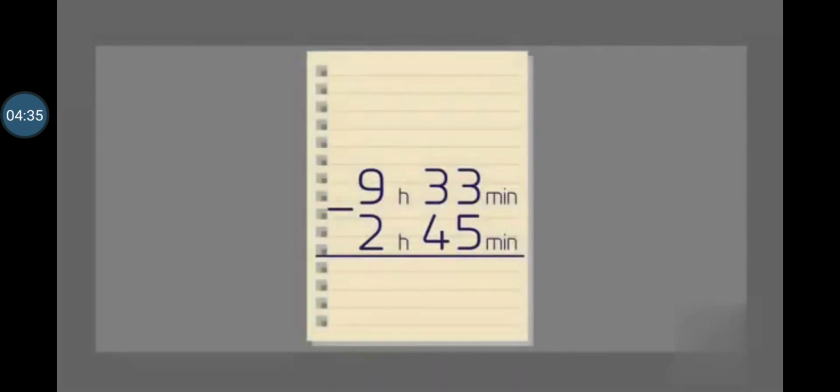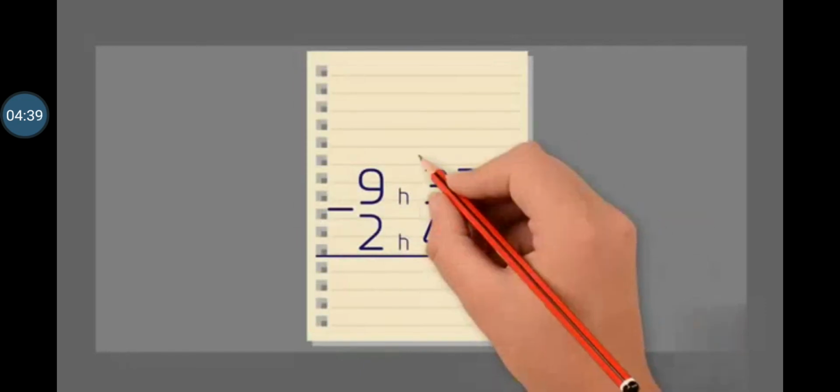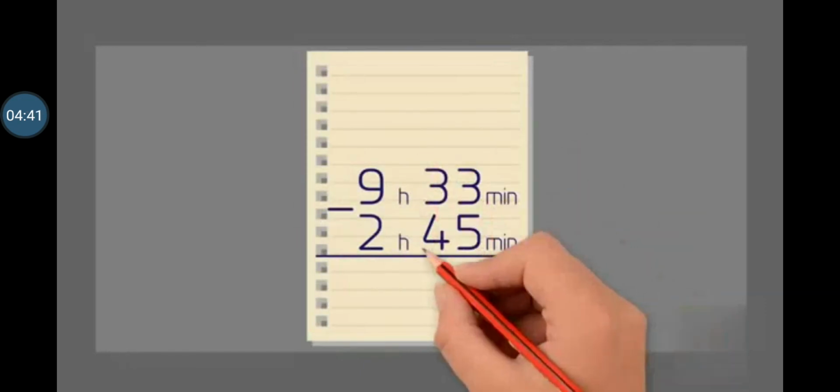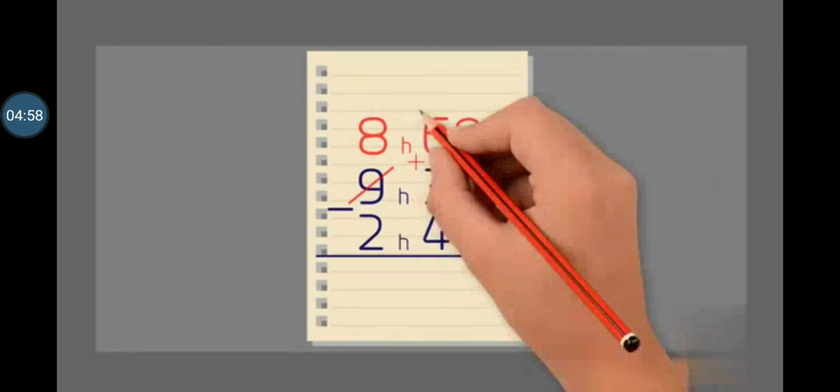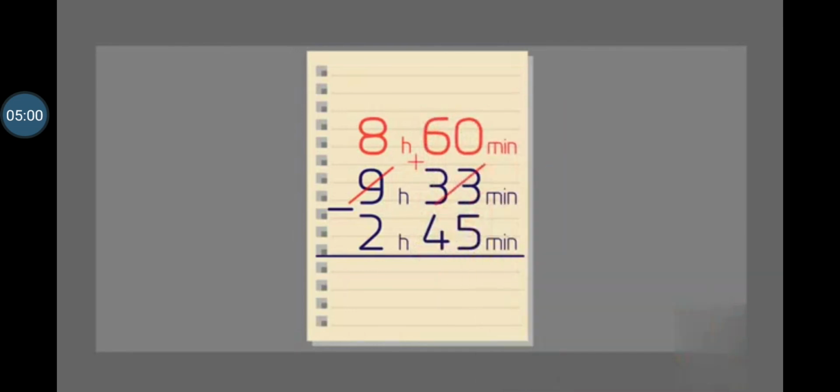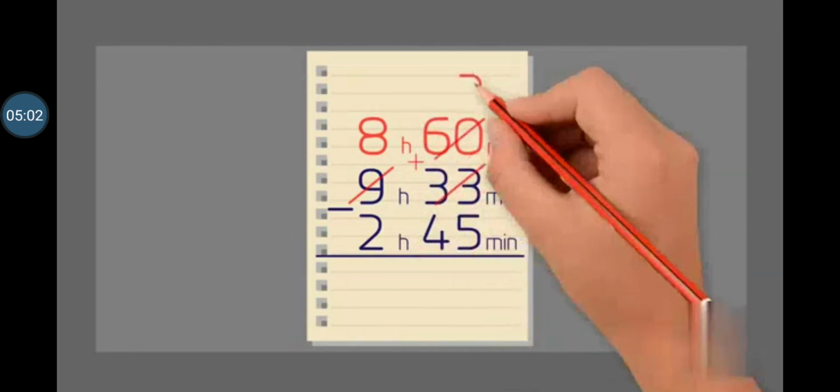Let's have one more example. 9 hours 33 minutes minus 2 hours and 45 minutes. Here again we have to do the same method because the minutes up are smaller and the minutes down are larger. So when we take 1 hour from the hours, these are 8 hours, and these minutes will be given to the minutes, and now the minutes up are 93 minutes.